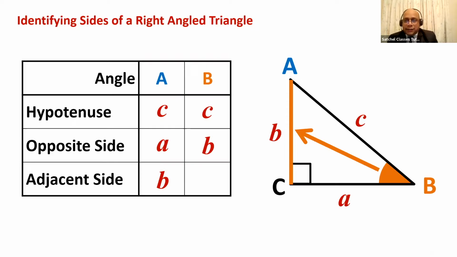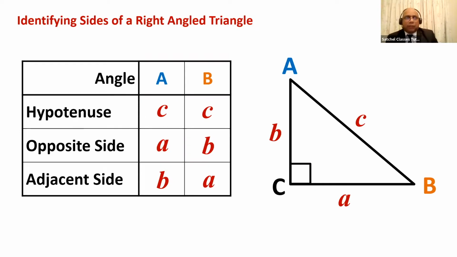In this case, that side is BC, which is represented by the letter a. So we need to first understand the terminologies referred to for each angle. The hypotenuse is the same because the hypotenuse of a right triangle is the same irrespective of what angle we are referring to. But the opposite side and the adjacent side will differ depending on which angle is the point of reference, right?